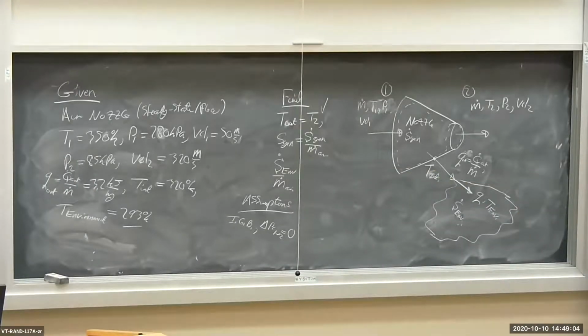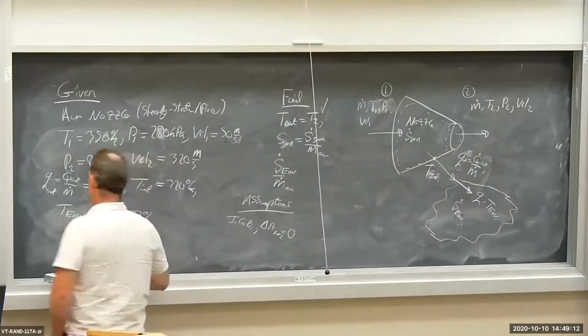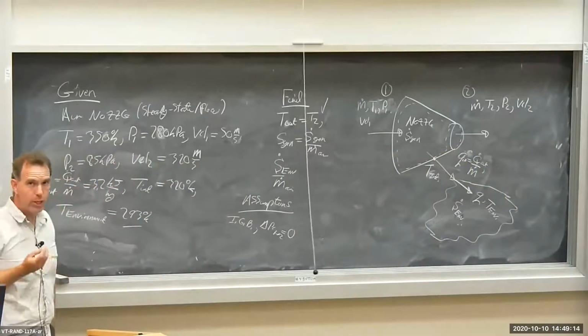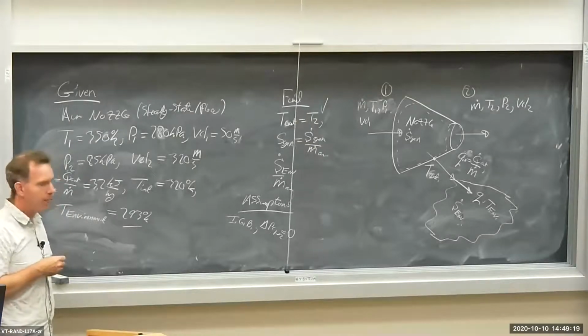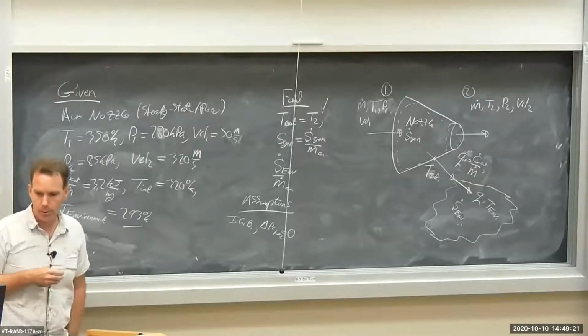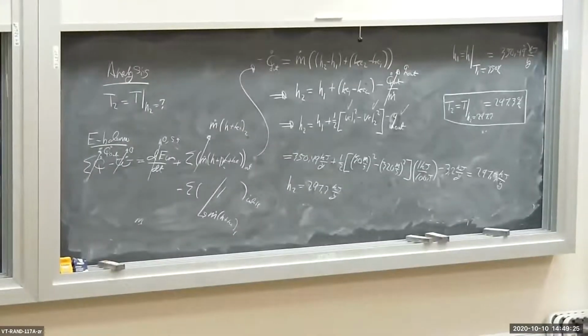Let's find the entropy generation per unit mass flow that occurs inside our nozzle. Entropy is being generated, maybe; we'll see. Let's calculate how much entropy is generated inside our nozzle per unit mass flow. That's lowercase s gen.